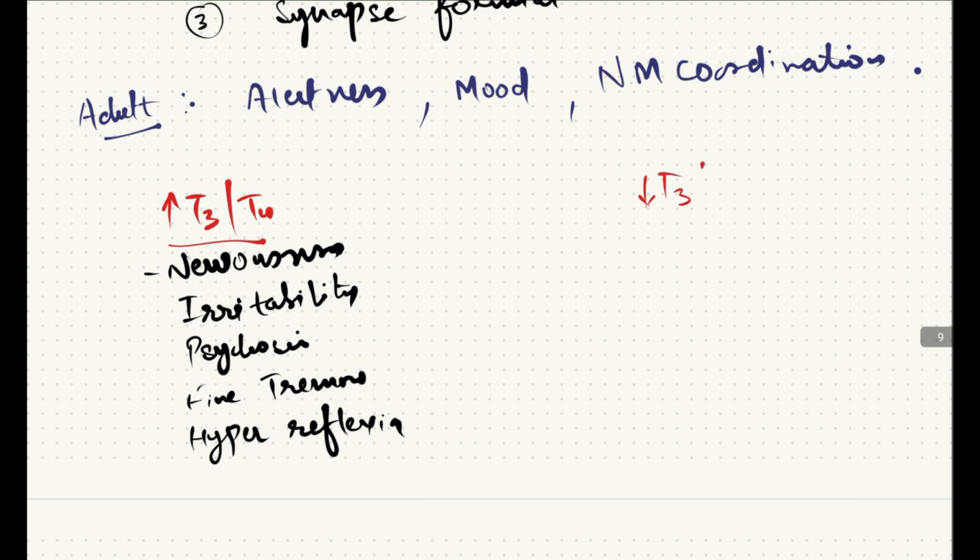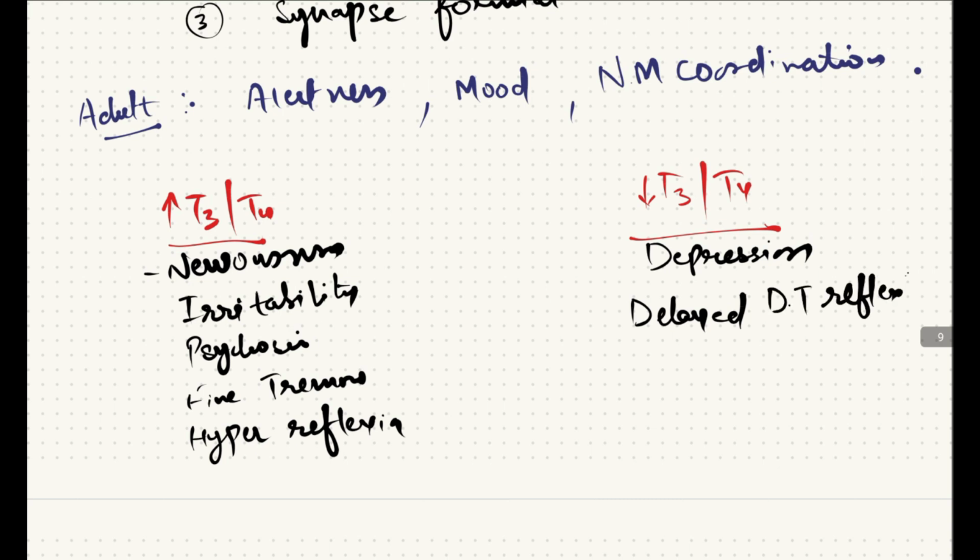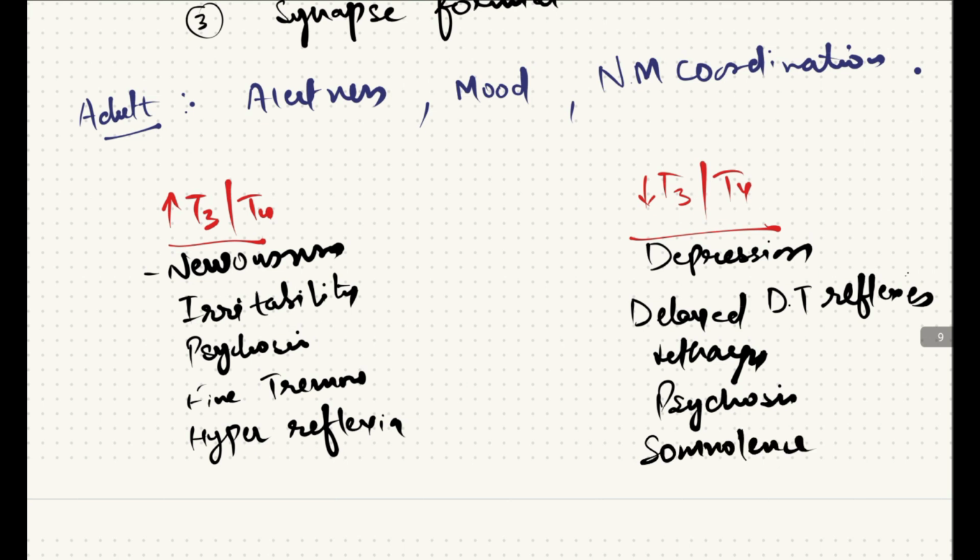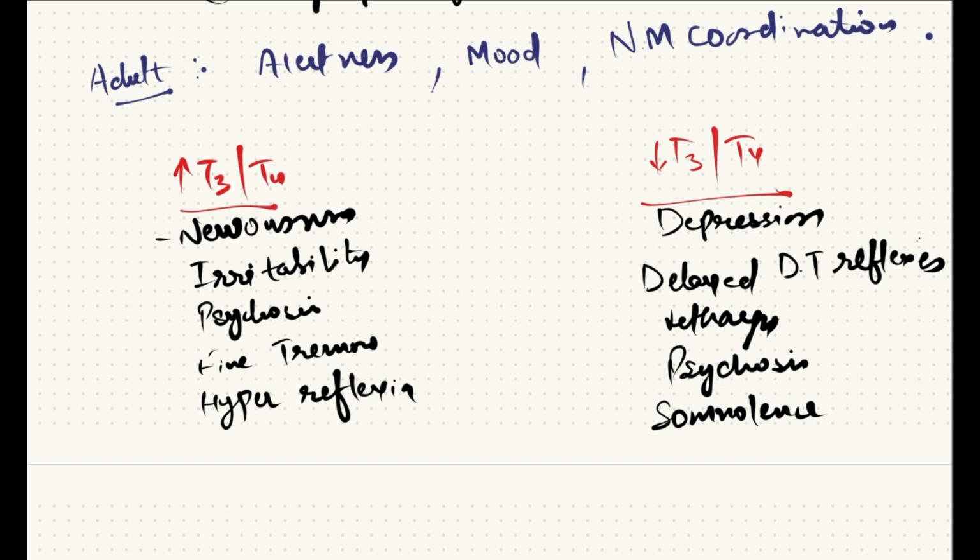And in hypothyroidism, there may be depression because of low mood, delayed relaxation of deep tendon reflexes, lethargy, psychosis, and excessive sleep, that is, somnolence. So thyroid hormones help in alertness, mood, and neuromuscular coordination.